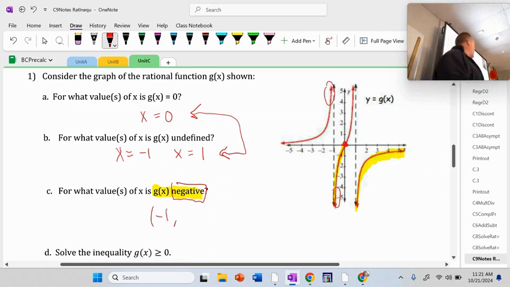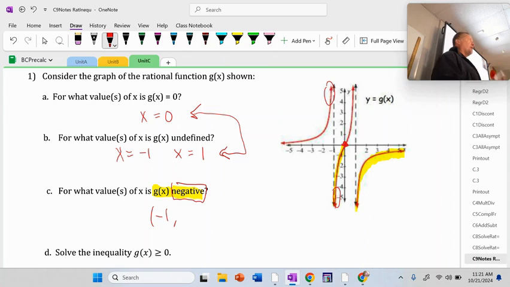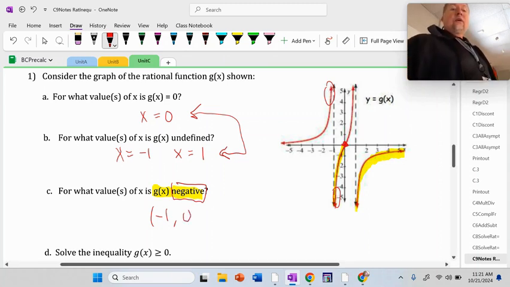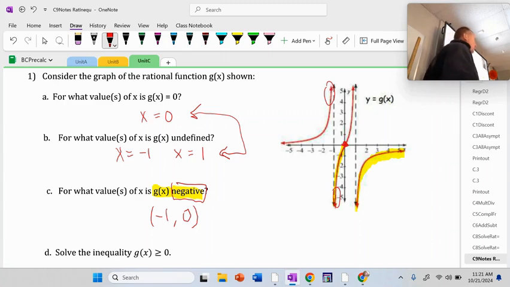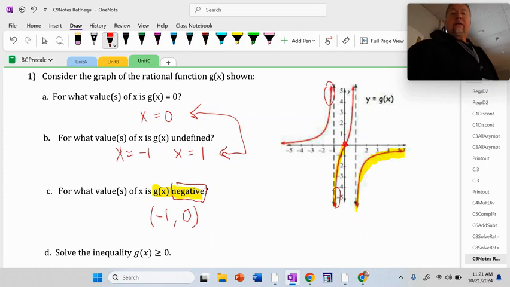When I plug that into the equation it is undefined. That's why we're getting a vertical asymptote. All the way up to 0. 0 is a zero. It doesn't make a negative output, so you can't include 0. You can't have a bracket there.